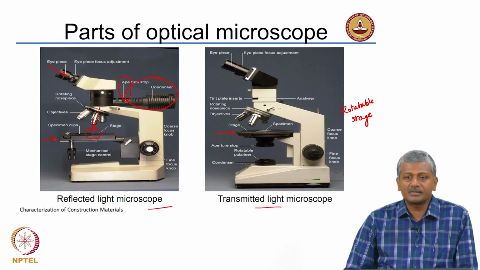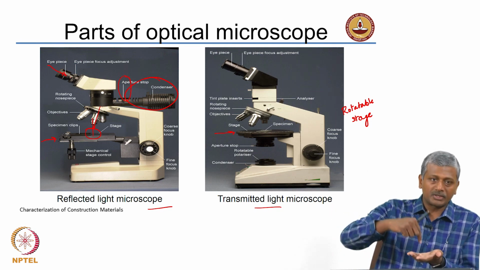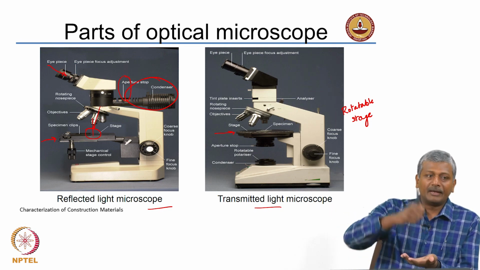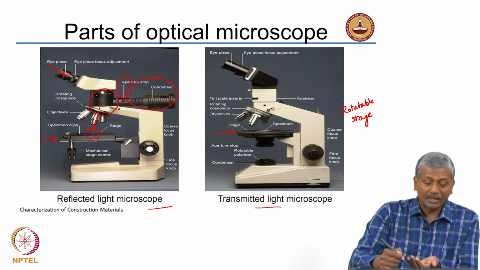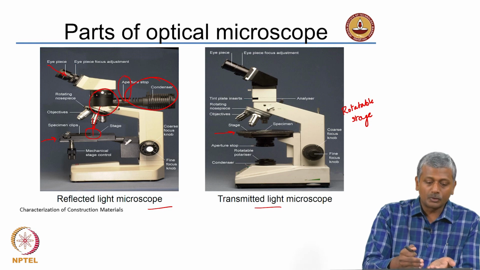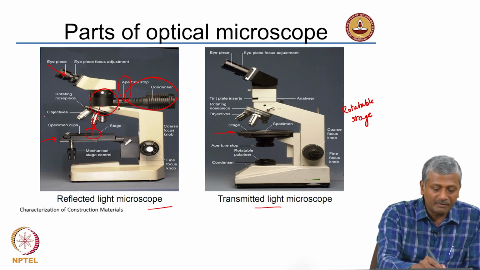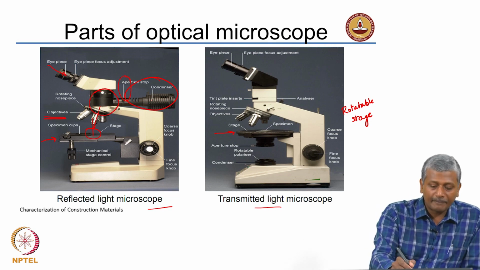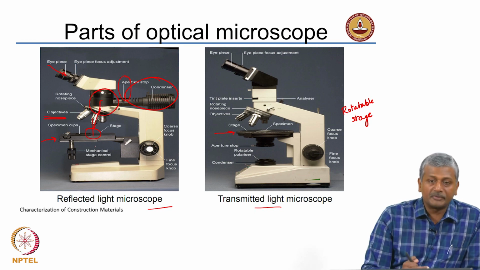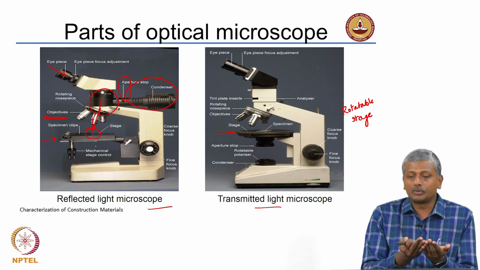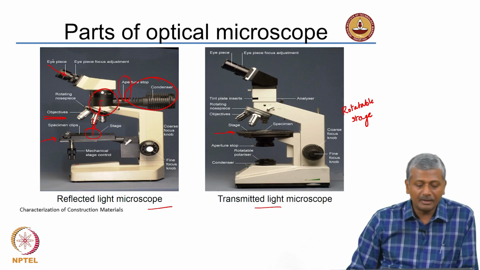Okay. So, what you are doing is the light is coming through the objective lens down onto the specimen, and through the nose piece is where the objective lenses are collected. So, here through the aperture the light is coming down, shining on the specimen, and the reflection is actually taken in through the objective lenses and observed in the eyepiece.